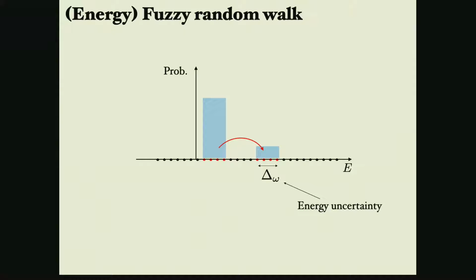So let's try to get an intuitive understanding of what's going on. It's very similar to a random walk. If you go to the energy basis, you can think of some blob of probabilities that's being moved around. But because of energy uncertainty, there are some coherences at nearby energies, because you can't distinguish them, so it could just remain coherent. There are two effects of mixing.